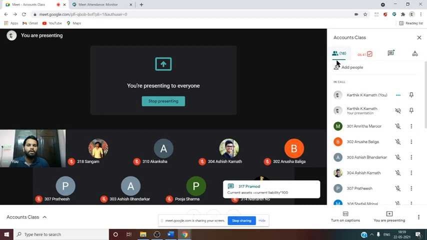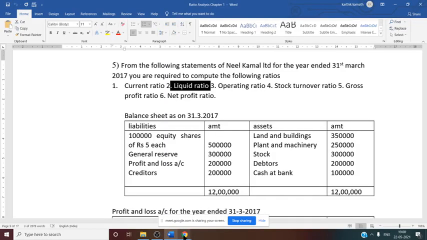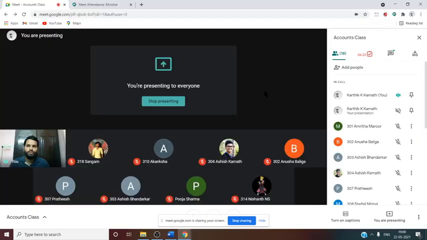Now what is the next thing they have asked you? That is liquid ratio. So now liquid ratio means what? Liquid ratio is same as current ratio, but you have to exclude certain items. So now you can determine the formula of liquid ratio here, that is liquid asset divided by liquid liability into 100.